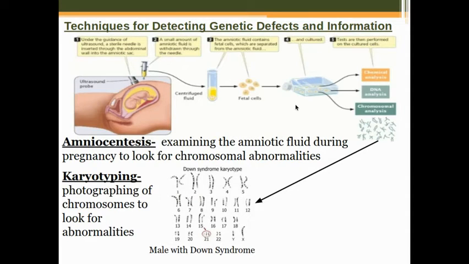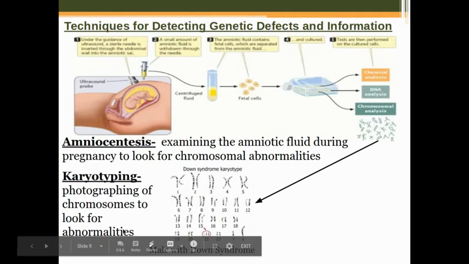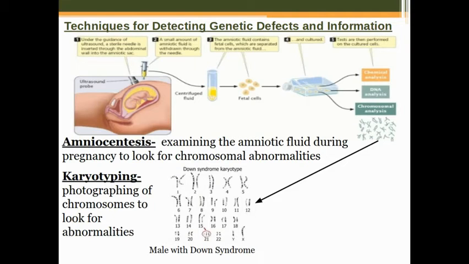They're growing and developing quickly, and so they can take a picture of the chromosomes as they're going through mitosis, and they can develop a karyotype. And the karyotype is what we described earlier. It's a picture of those chromosomes sorted out by size and based on their banding patterns.